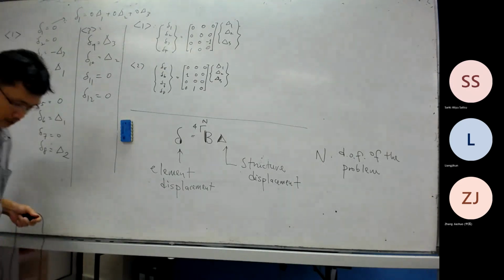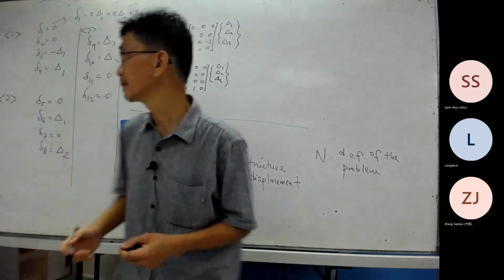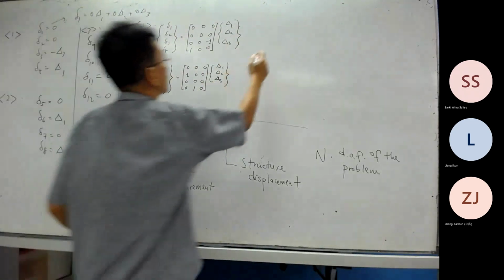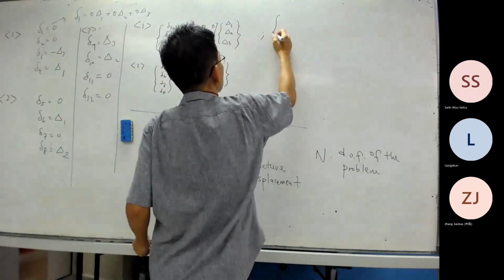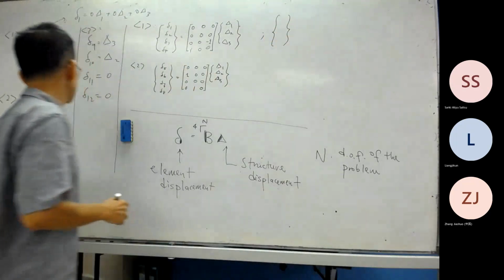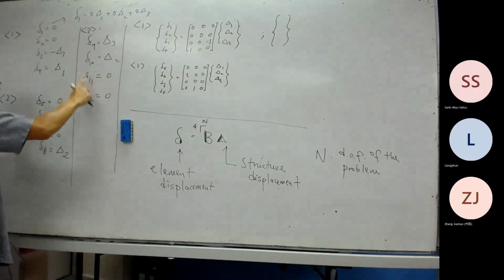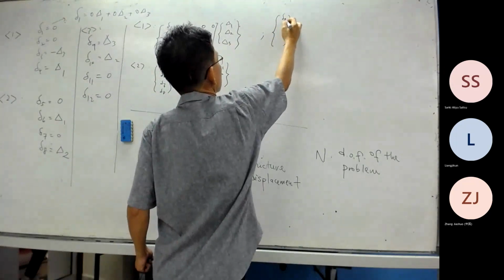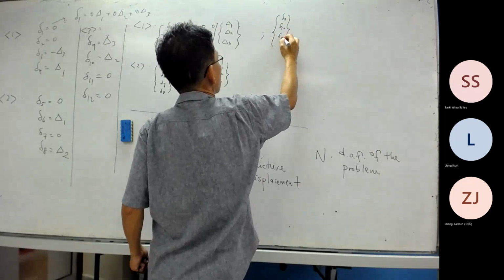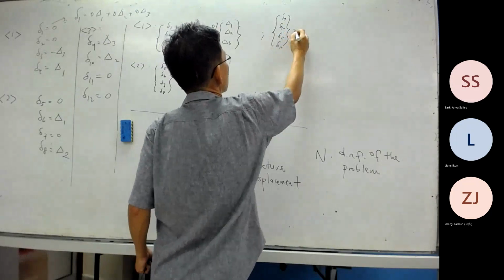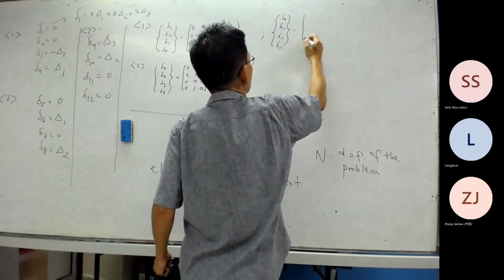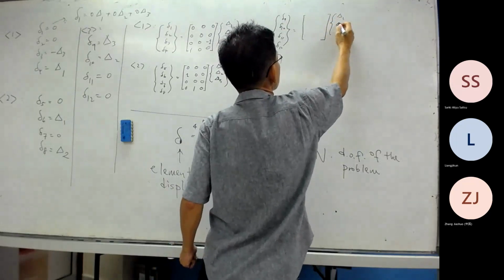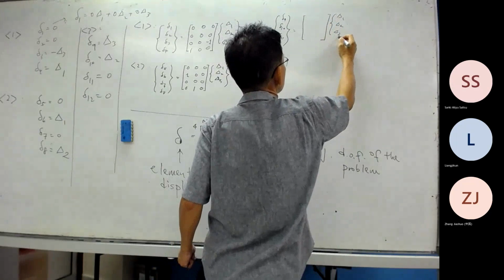Then finally, the third element. So delta 9, delta 10, delta 11, delta 12 equal to 4 rows, 3 columns, times delta 1, delta 2, delta 3.